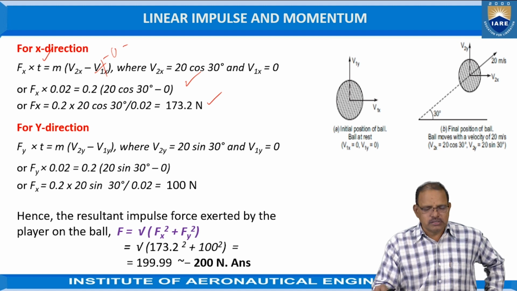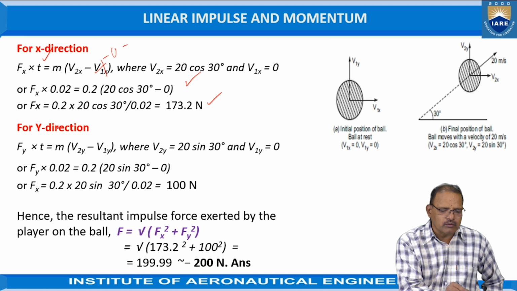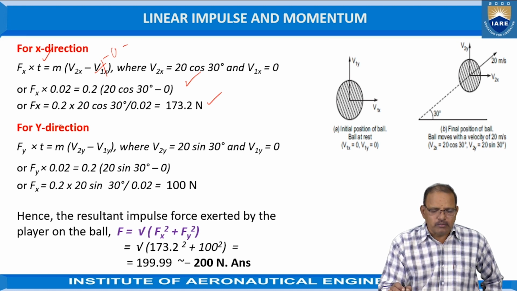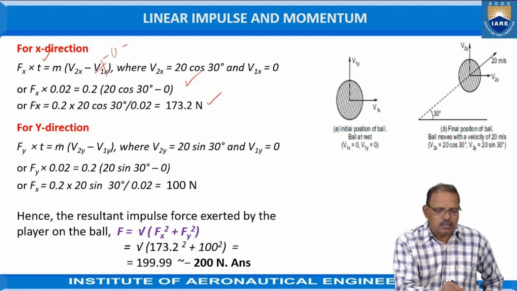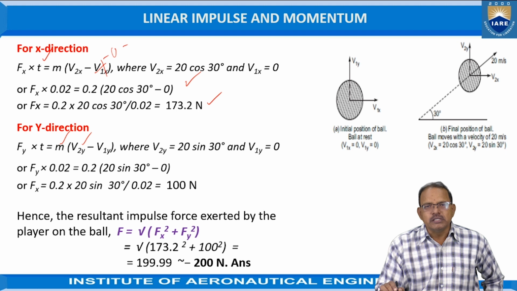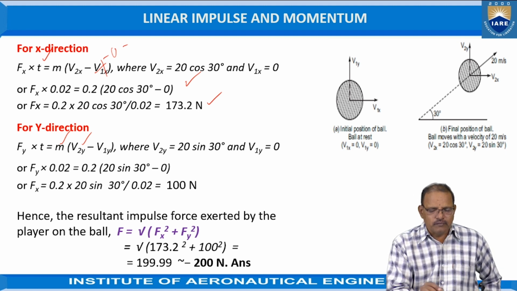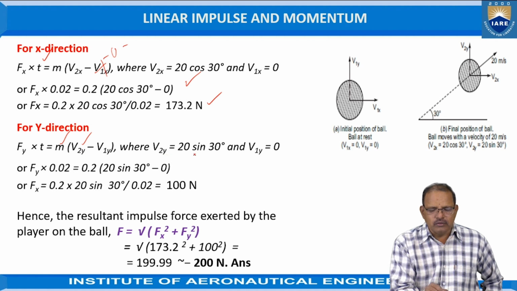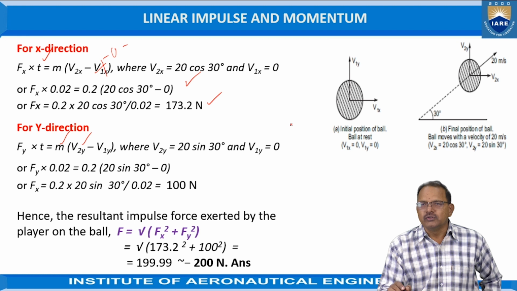Similarly, in the y direction, the impulse Fy into t is equal to the change in momentum in the y direction, m into (v2y minus v1y). Since the ball is initially at rest, v1y is equal to 0, and v2y is equal to 20 sin 30.